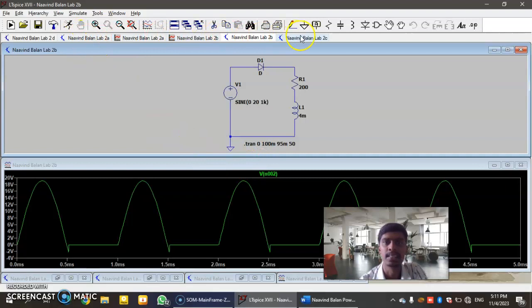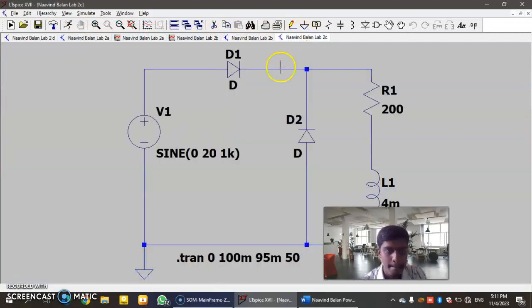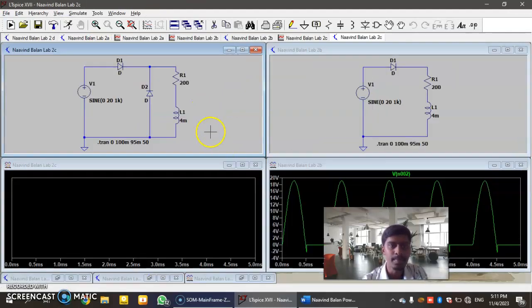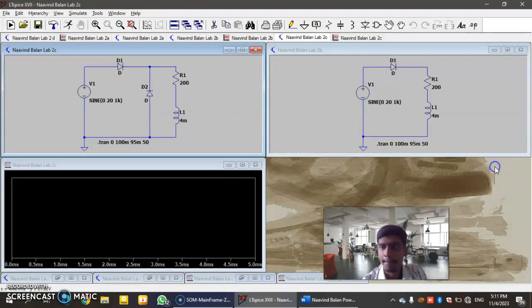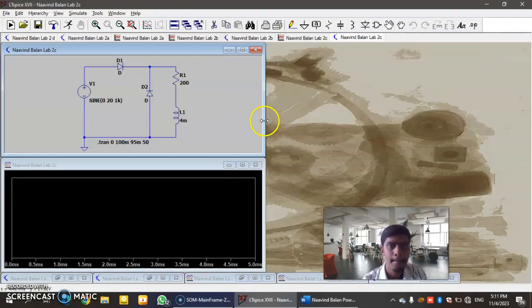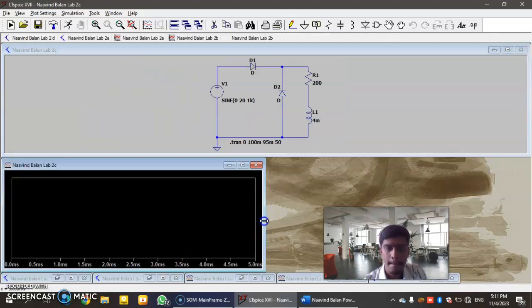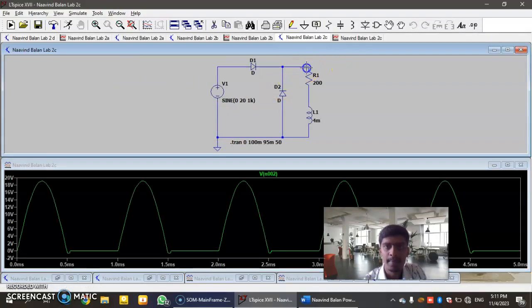And then this one is called the RL with freewheeling diode. So this circuit, the output will be like this, with slow ripple, and the result will be like this.